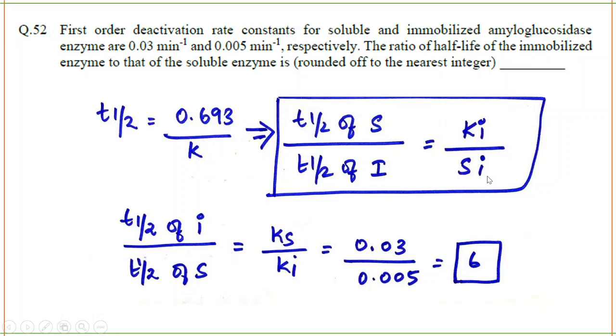Here it is Ks. Ki by Ks, so if you invert it, you will get Ks by Ki. You know the value of Ks, that is 0.03, and you know the value of Ki, that is 0.005. If you simply solve this, you will get the answer. That's all. You simply have to divide the values.